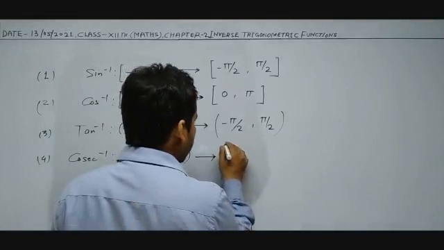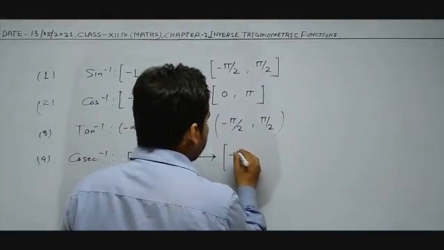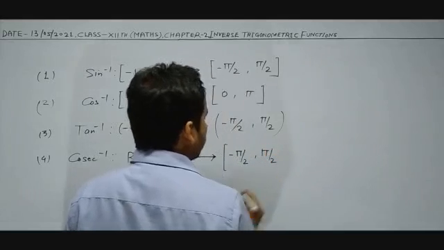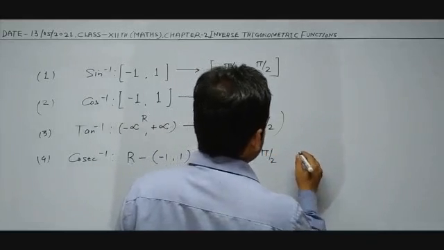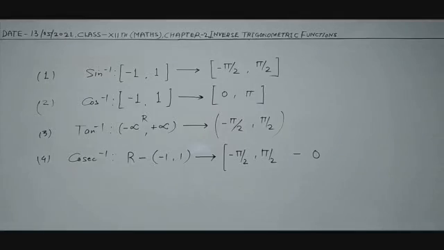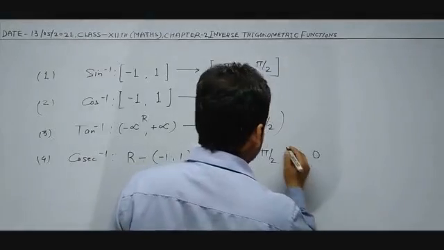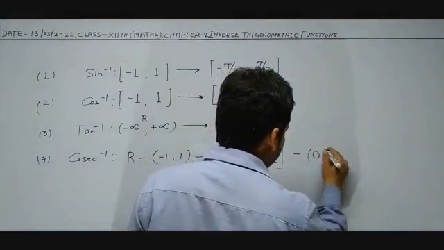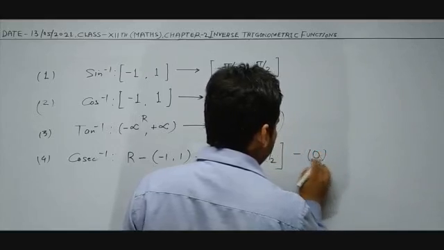So minus pi by 2 to plus pi by 2 excluding 0, this will be in closed intervals, excluding 0.